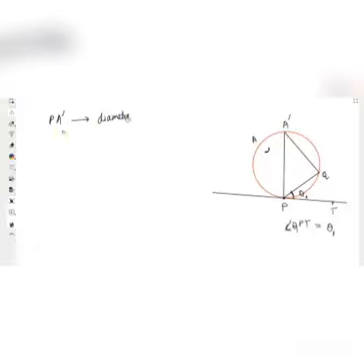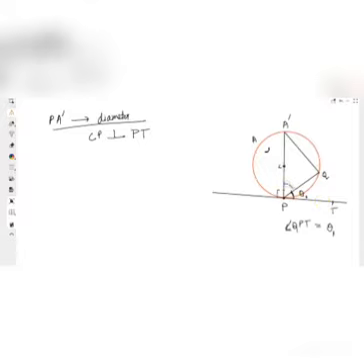If this is a diameter, that means the center is somewhere here. That means CP is perpendicular to PT, because this is the radius at this point. This is what we have learned at the starting of this class. So now we know that CPT is 90 degrees and this is theta 1.